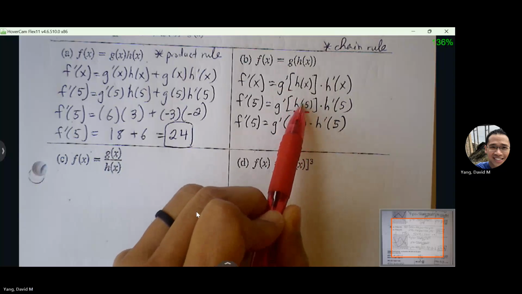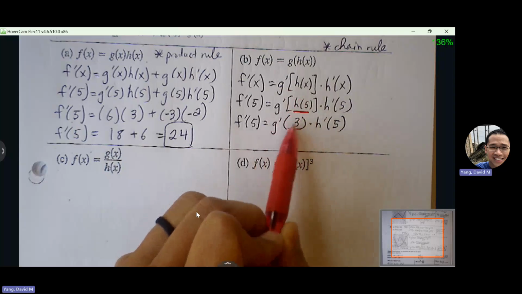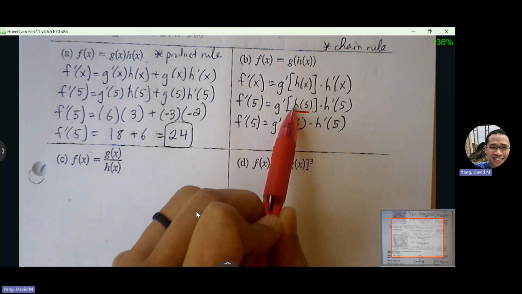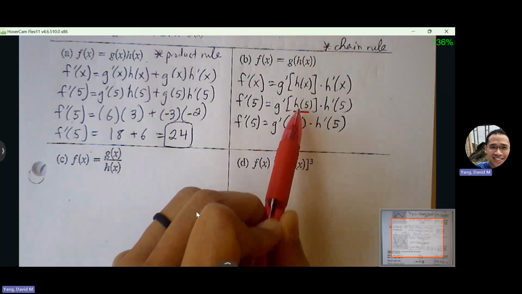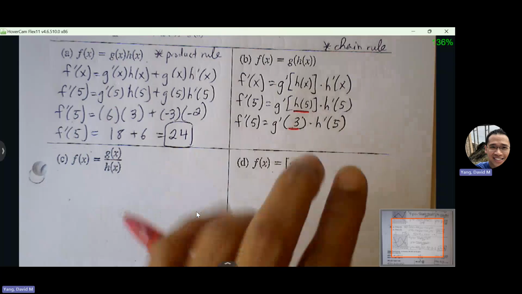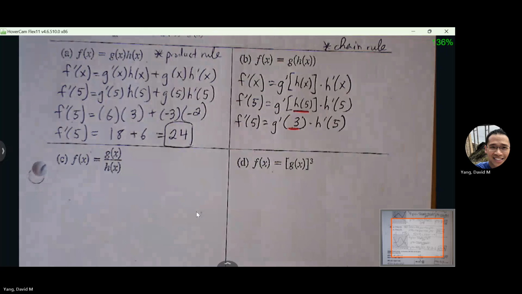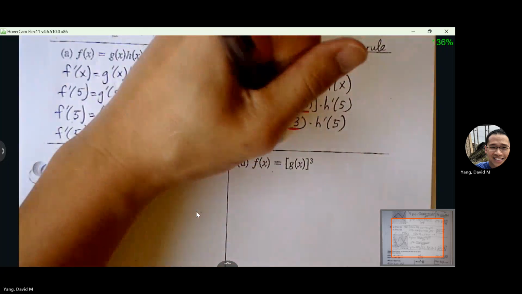Some students will put 3 and then they won't continue with this problem, and it throws them off. So if you can make that substitution, h of 5 is 3, then the rest of the problem should feel more straightforward. You're just finding g prime of 3 and h prime of 5.